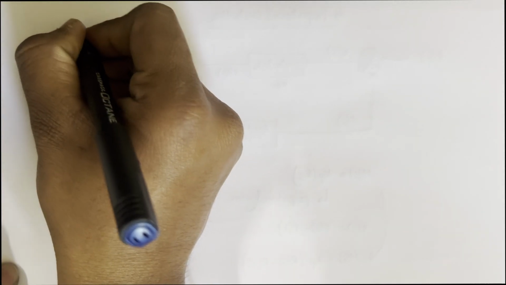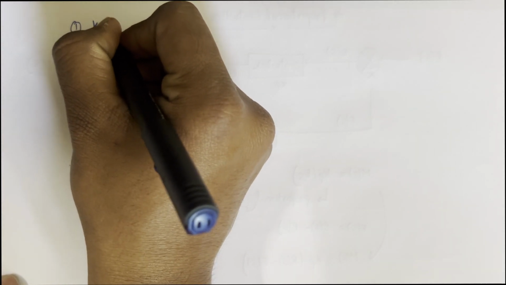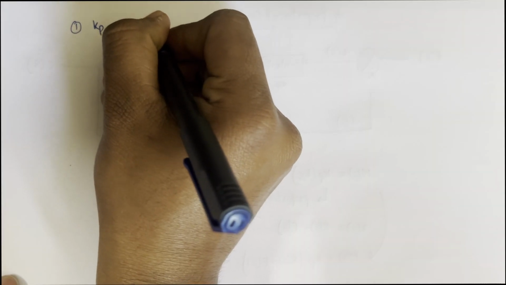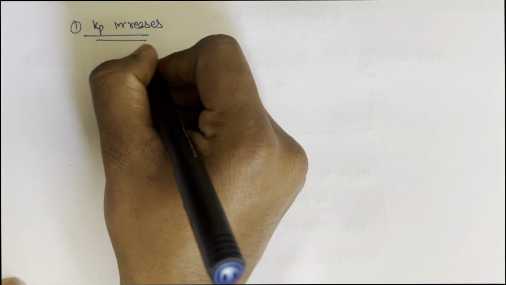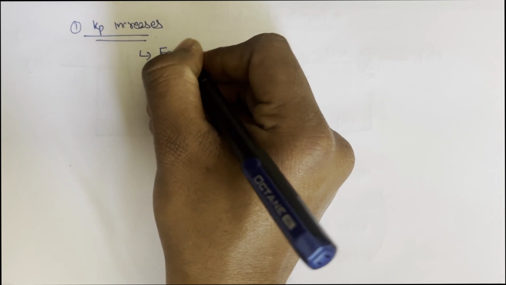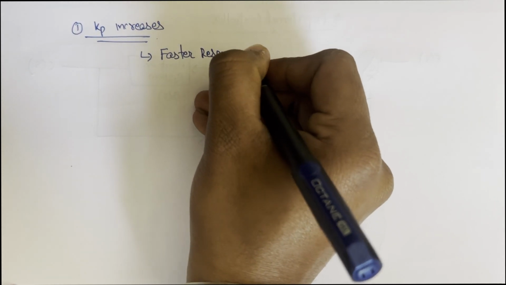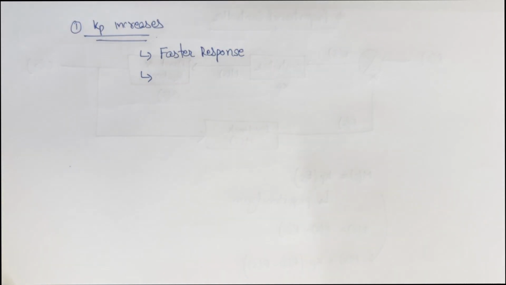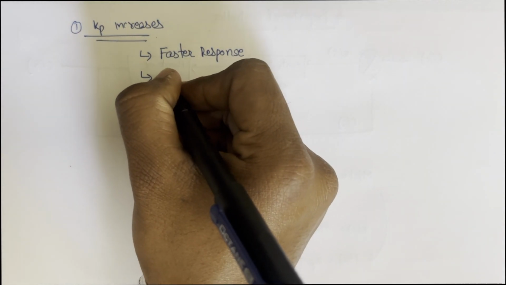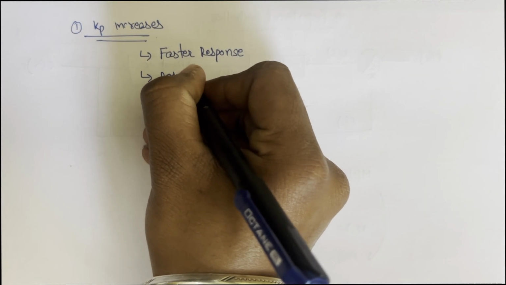First case, when the Kp increases. When the Kp increases, we have a faster response of the system. We will understand this using a diagram also, but first we will write these points. A reduced steady state error as well.